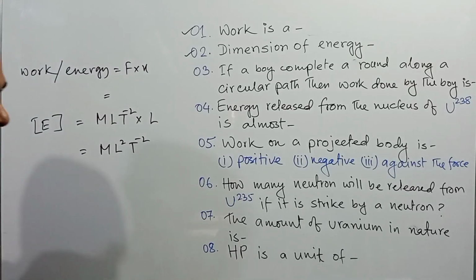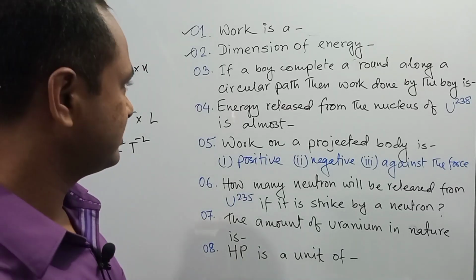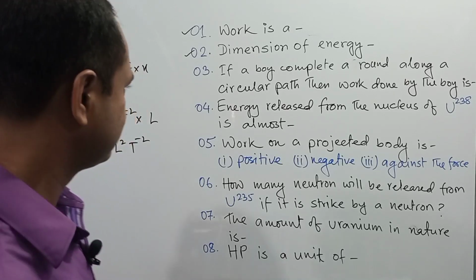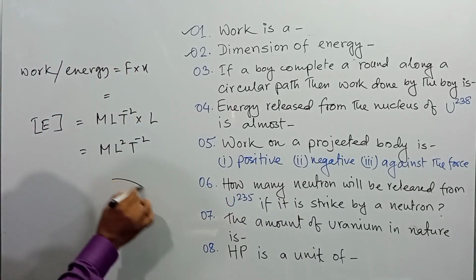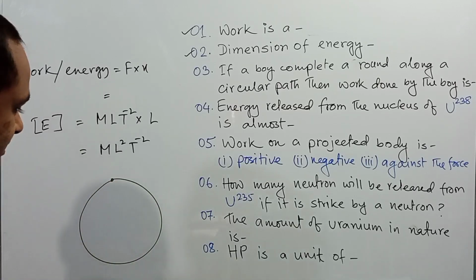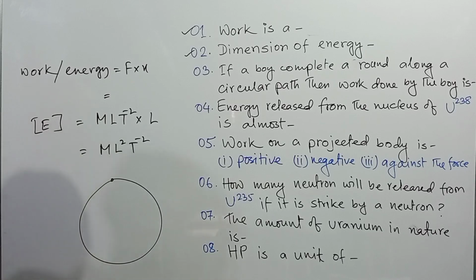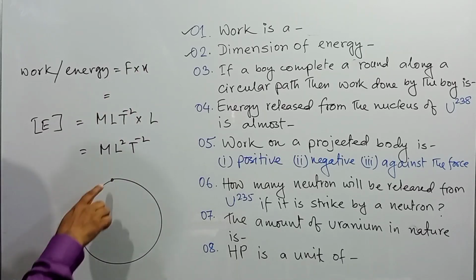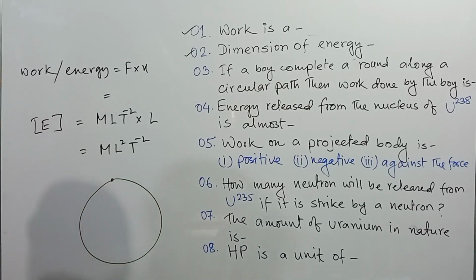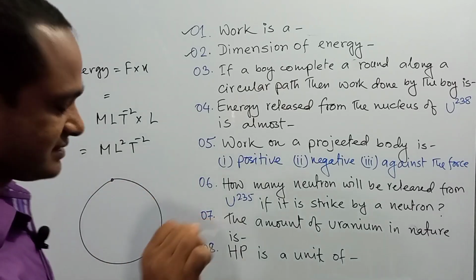If a boy completes a round around a circular path, then the work done by the boy will be? So dear student, suppose a boy completes a round around this circular path. You know work depends on force and displacement. So if the boy starts from this point, after the completion of the round the boy will come to the same point.